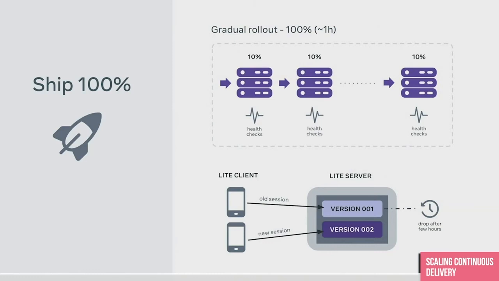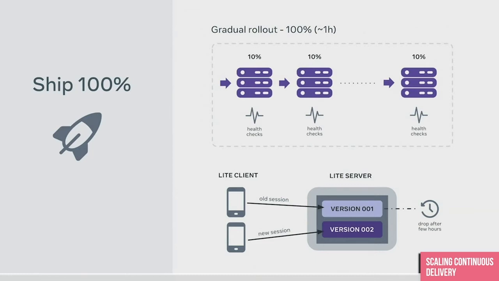The interesting part about the Lite servers is that they have the capability to run 2 versions in parallel within the same process. If in this example we are shipping version number 2, then version number 1 will still be live and will keep serving existing old sessions, while version number 2 will start serving new sessions.